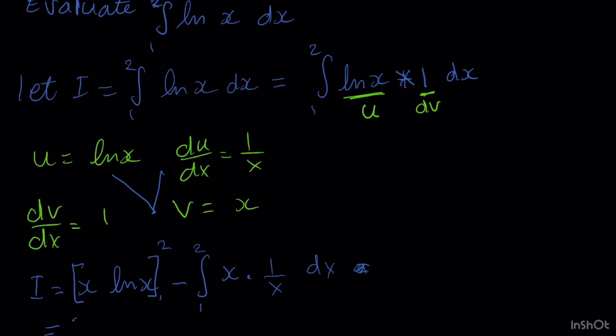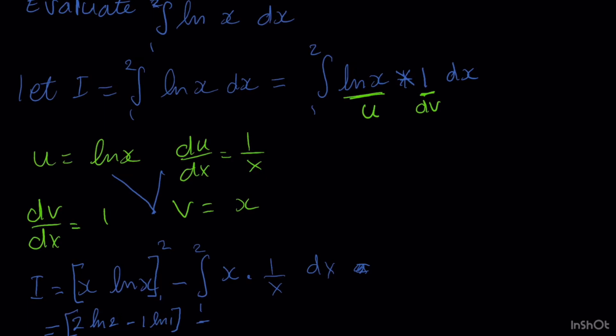So this is going to be 2 ln 2 minus 1 ln 1. That's the first part done. Okay, minus the integration of 1 is x.